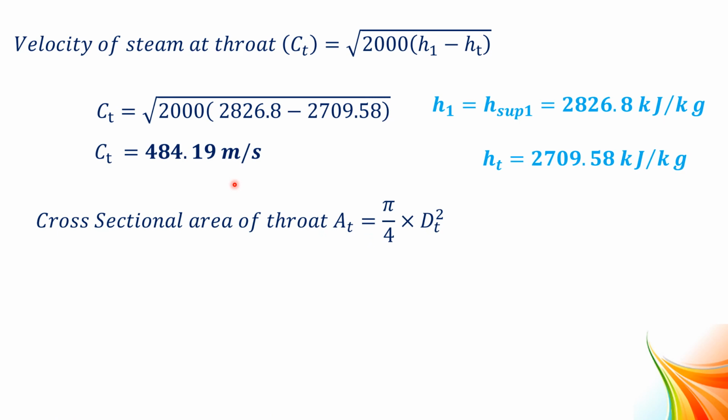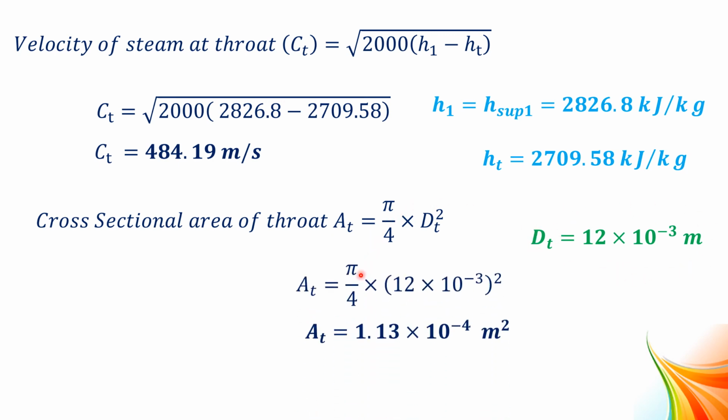For calculating the mass flow rate, we have to know the cross-sectional area of the throat. So the cross-sectional area of the throat, At, equals pi by 4 into dt square. The dt is the diameter of the throat, which is given in our problem, equal to 12 into 10 to the power minus 3 meters. Now substituting the dt value in this equation, At equals 1.13 into 10 to the power minus 4 meter square.